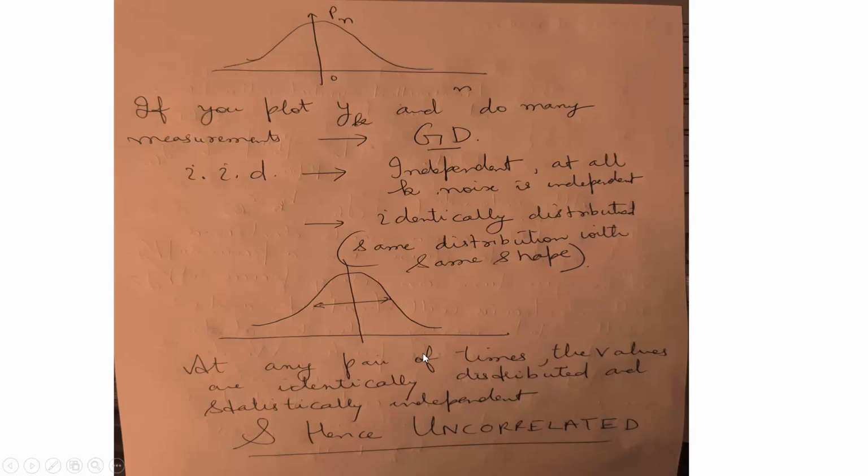At any pair of times, the noise components are identically distributed and statistically independent. That's why we say the noise components are uncorrelated, because every noise component at every point of time is identically distributed and statistically independent. So there is no correlation between the noise components, we say the noise is uncorrelated, and of course it will have the Gaussian distribution.